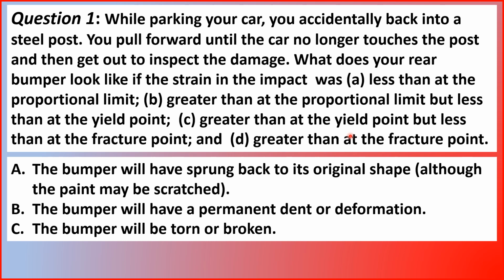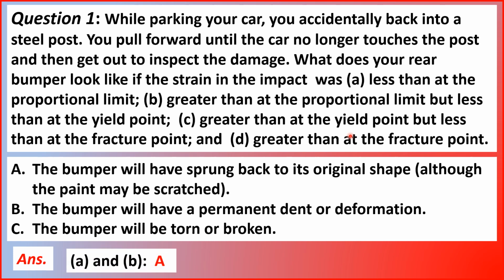The correct answers are, for situation A and situation B, this is how we describe the bumper. It is option A. The bumper will have sprung back to its original shape, although the paint may be scratched.